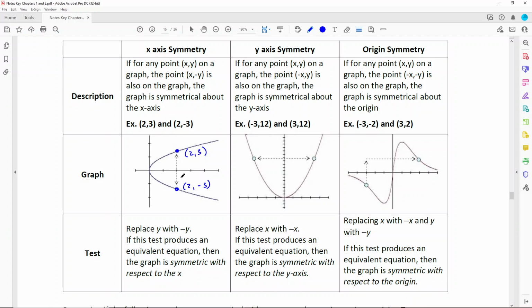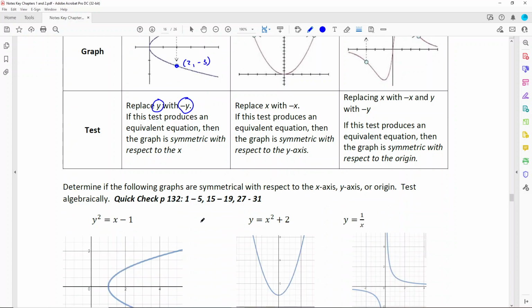If you have a point (2, 3), you'll get a point (2, -3). To test if something has x-axis symmetry, you can replace y with -y. And if it produces an equivalent equation, then we can say that the graph is symmetric with respect to the x-axis.